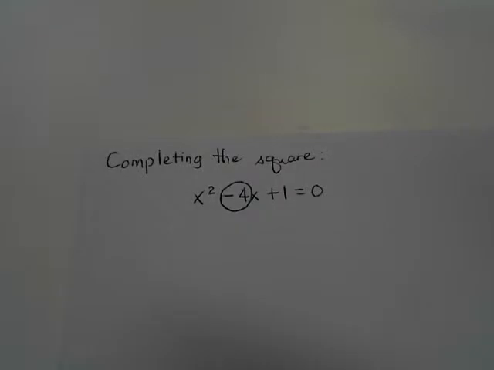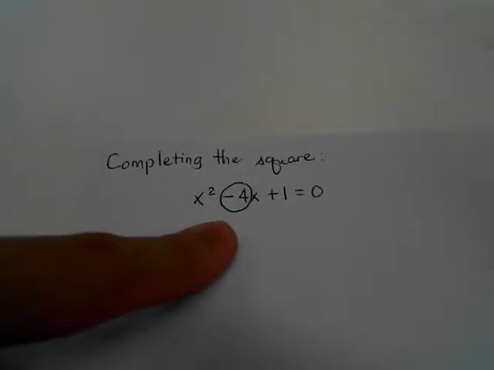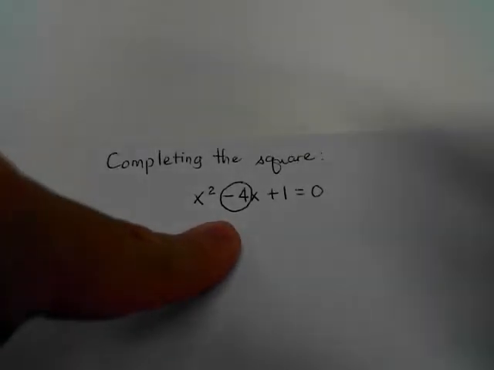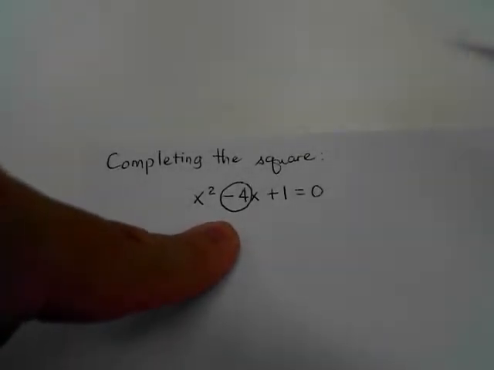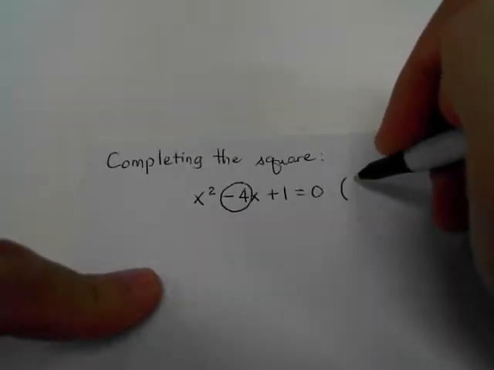The trick here is to halve that particular coefficient and square it. So if it's a negative number in front, you take the negative number, halve it and square it, because whatever number has been squared will be positive. Logically speaking.